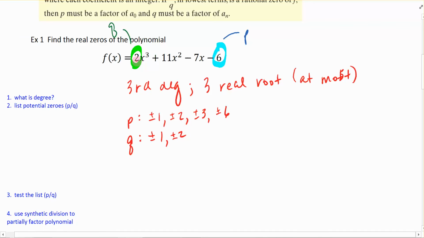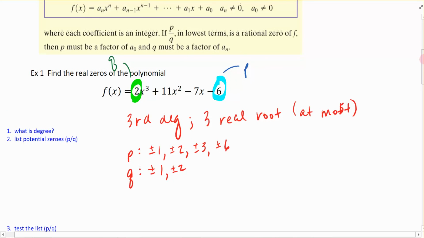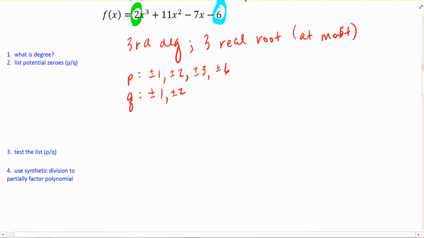Now, to find out what the potential zeros are, we use this idea that I can take the ratio of the P values over the Q values, and those could be possible roots for my polynomial. So we're going to make another list that looks like P over Q. The P's are in the numerator, so I could have 1 over 1, so plus or minus 1, and 1 over 2, so plus or minus 1/2.